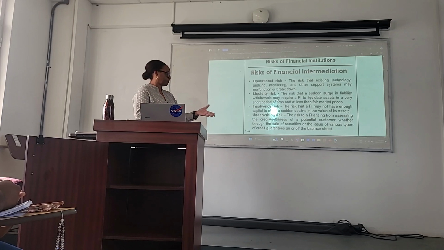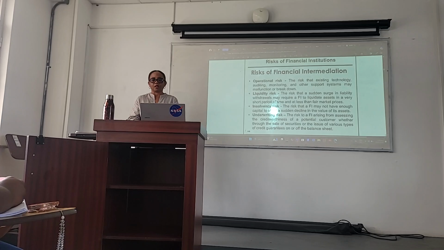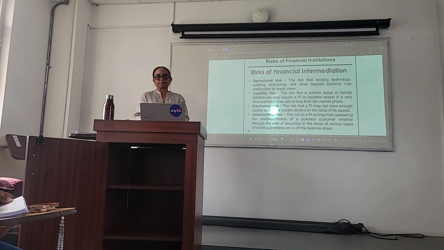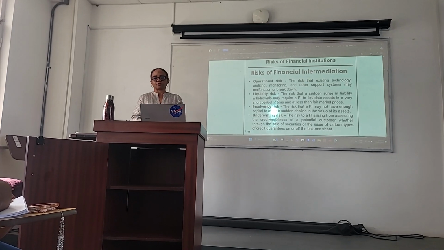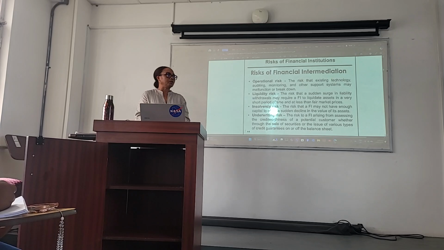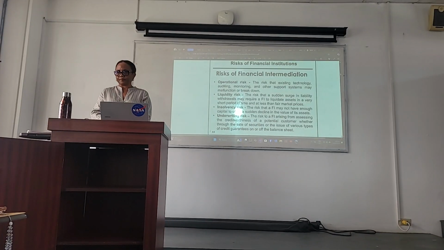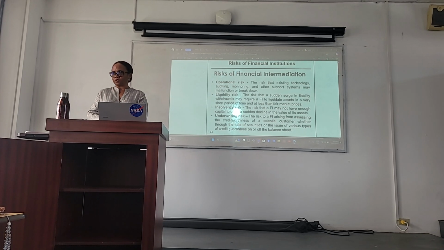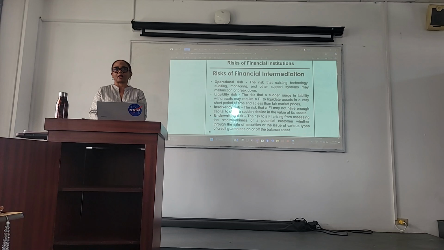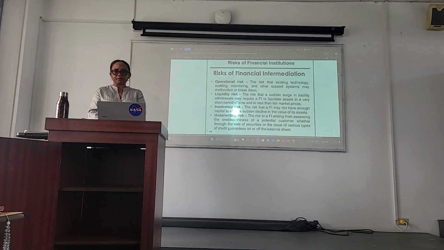So, pure book definition, the risk to a financial institution arising from assessing the creditworthiness of a potential customer, whether through the sale of securities or issue of various types of credit guarantees on or off the balance sheet. You'll notice that these definitions are very wordy. And if you pay attention to the words, you may get lost in them. So it's important that you understand what it means.